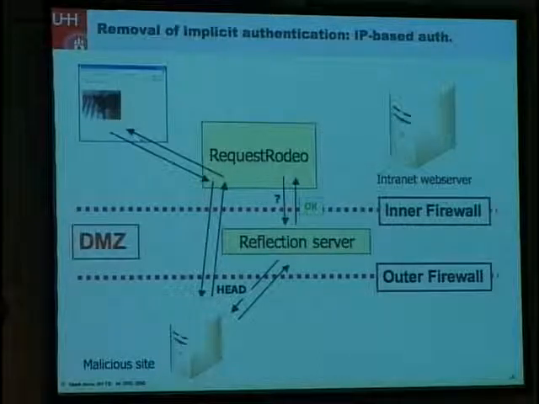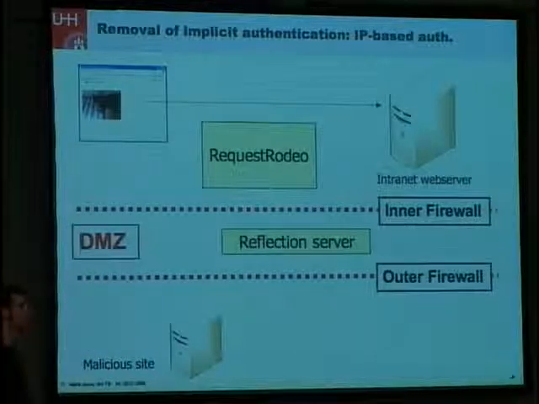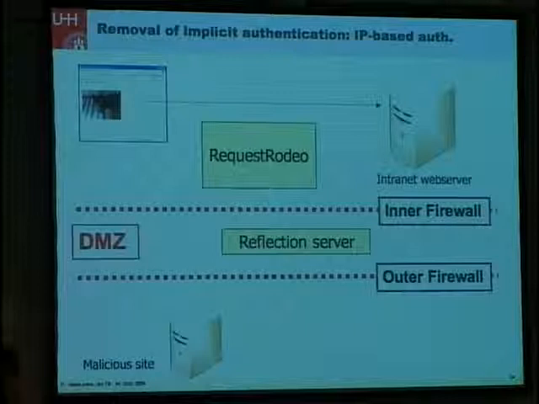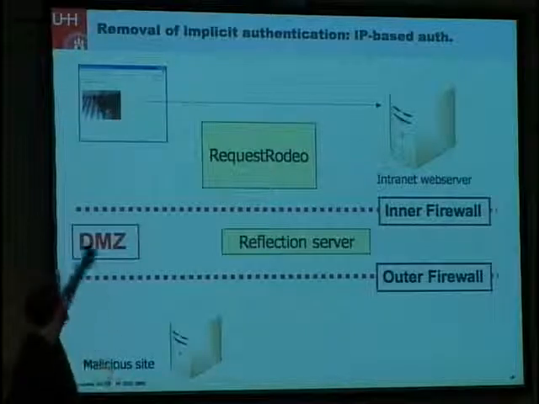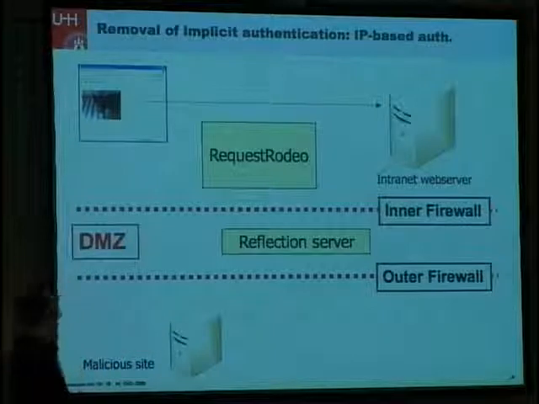So you're allowed to look at the cute cat. The cute cat brings his evil companion, and the evil companion tries to now access the Intranet web server to leak some information. Again, this request is unentitled. We don't trust it because this comes from attacker.org and wants to go to the intranet.